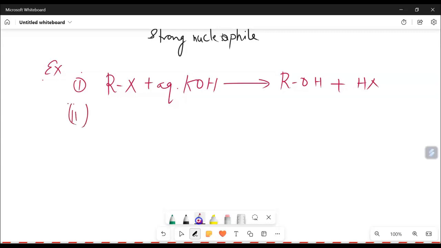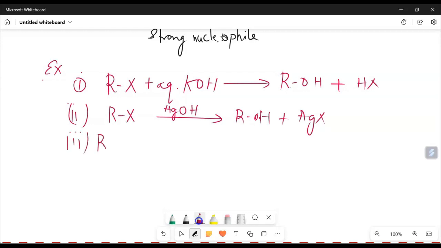In the second case, R-X reacts with AgOH. It will form again ROH plus AgX. So this is the second case of nucleophilic reaction. Third is R-X with alcoholic KCN.